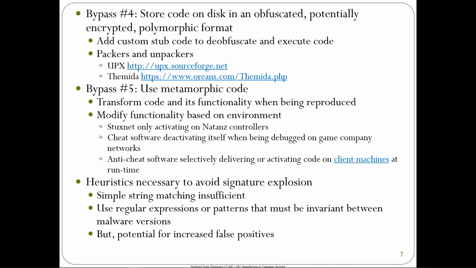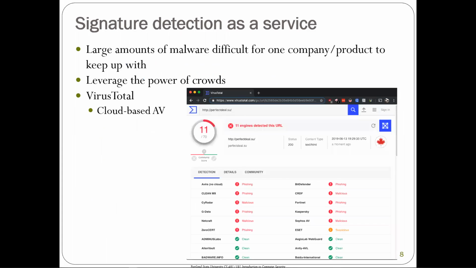And this is where that regex stuff that we did earlier, that's where you need it, because you're going to have to look for that kind of pattern matching in order to identify malicious versus non-malicious. Okay, this signature detection function is so complex that they now have signature detection as a service and malware detection as a service.